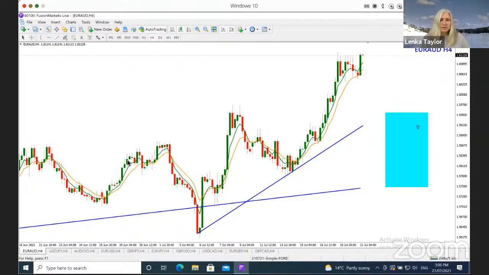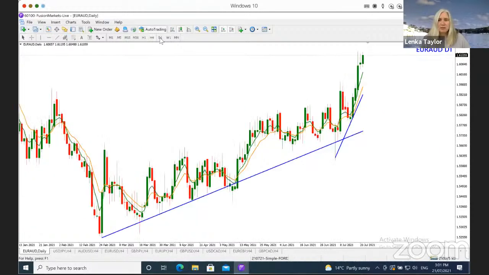All right. So the first currency pair that I'm looking at is Euro AUD. At the moment, the direction is long. So I'm still looking at long opportunities, but I need that price to retrace back a little bit before entering in.